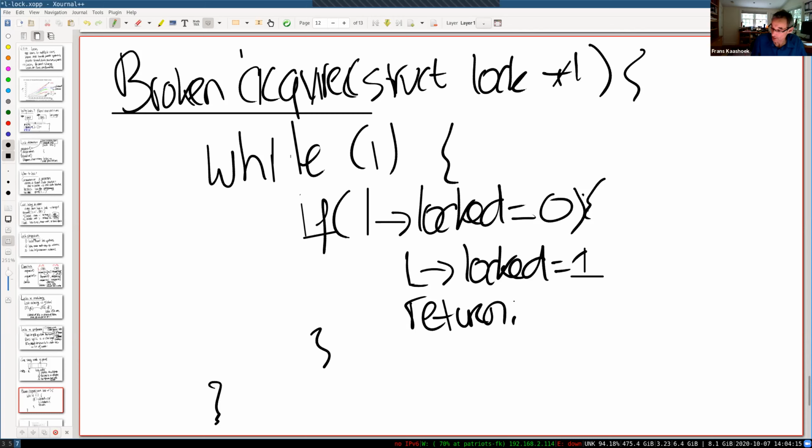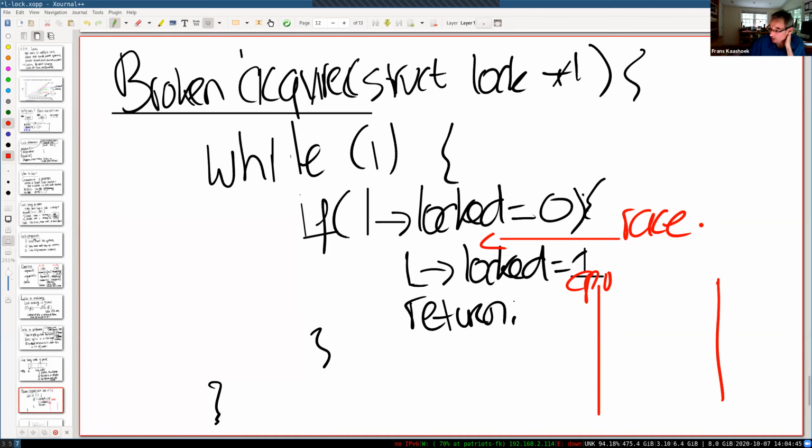And so what's wrong with this particular implementation? I think 2 processes might read that it's not locked at the same time. Yeah, right. So there's a race condition here. And just to make sure that we see the race: we can have basically 2 CPUs coming in. If we draw a time diagram, CPU 0, CPU 1.